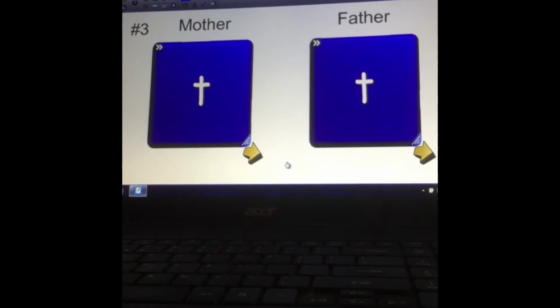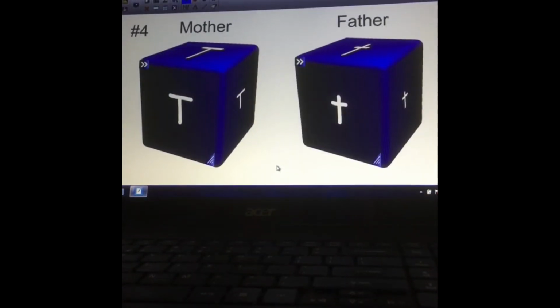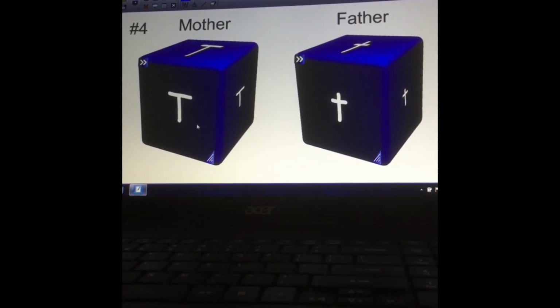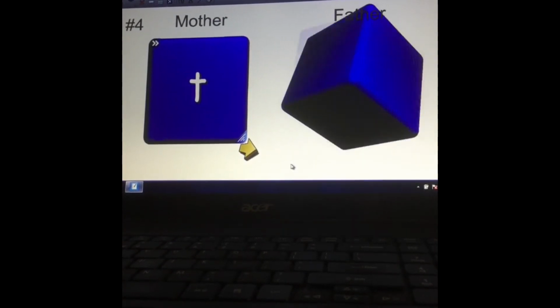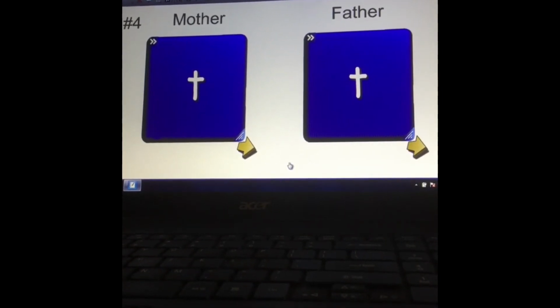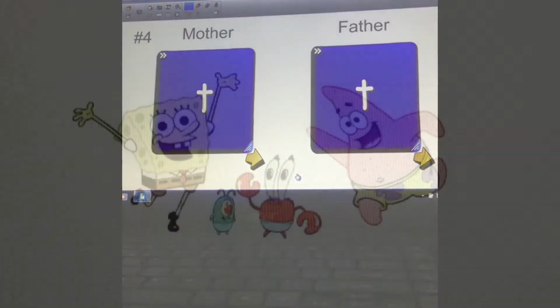Be sure to record your information on your lab sheet. And last but not least, baby dragon number 4. Be sure to record your information on your lab sheet.